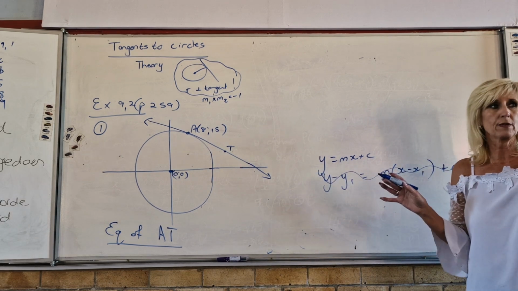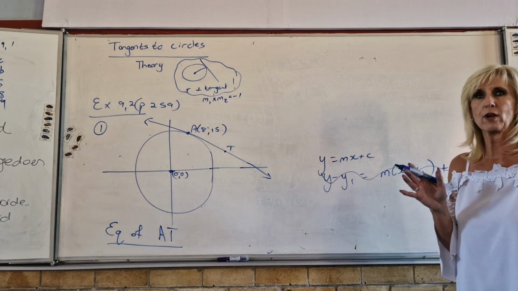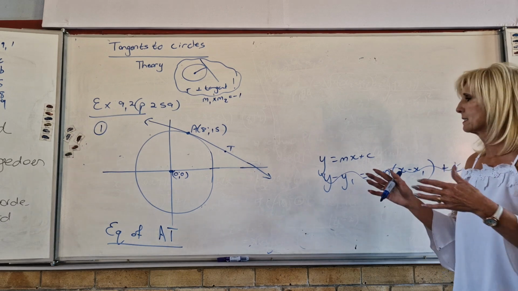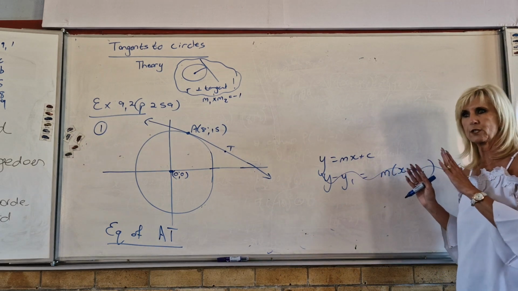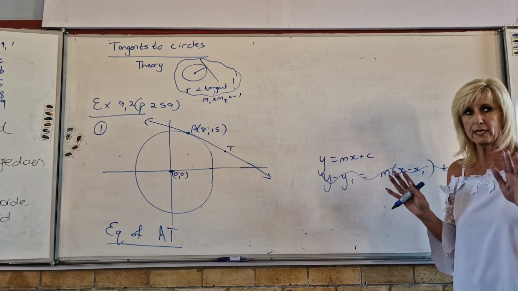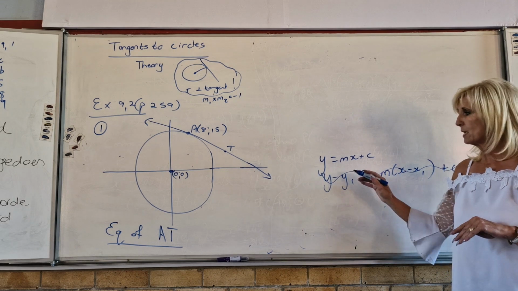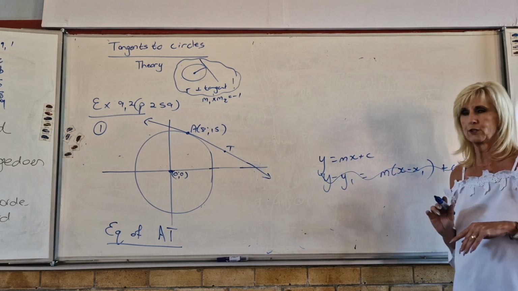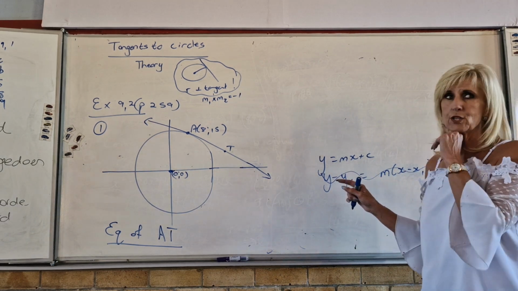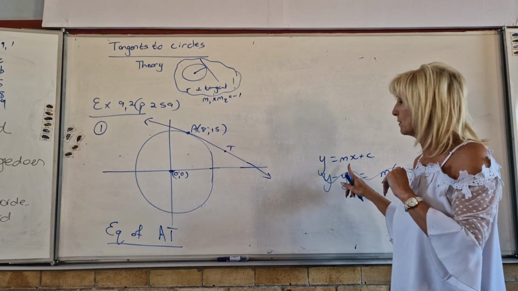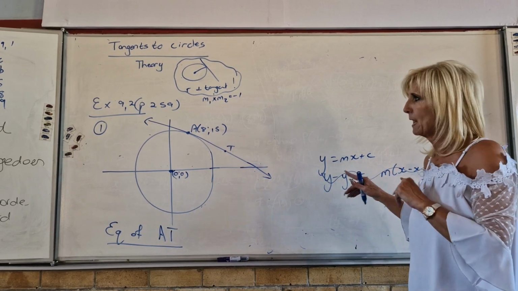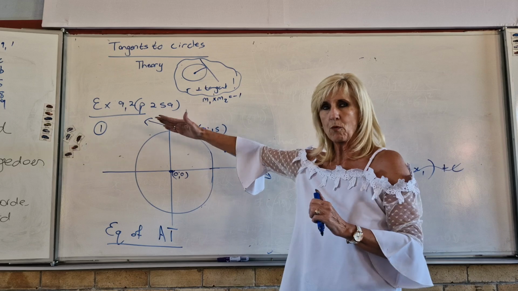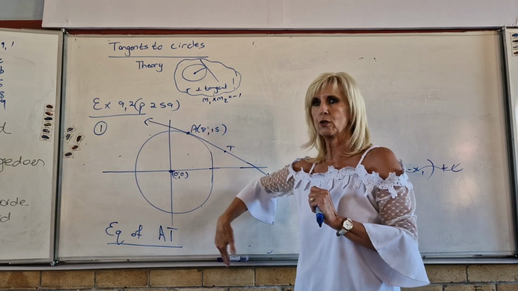There's nothing wrong with it. I just feel that if I take a grade 10 or 11 child and still give him another formula, I'd rather just stick to one, and you are perfectly allowed to use both of them. Just so that you know you're allowed to use it. So if I want the straight line equation, I need to know that it is mx plus c. But for that straight line, what has it got to do with the circle at all?